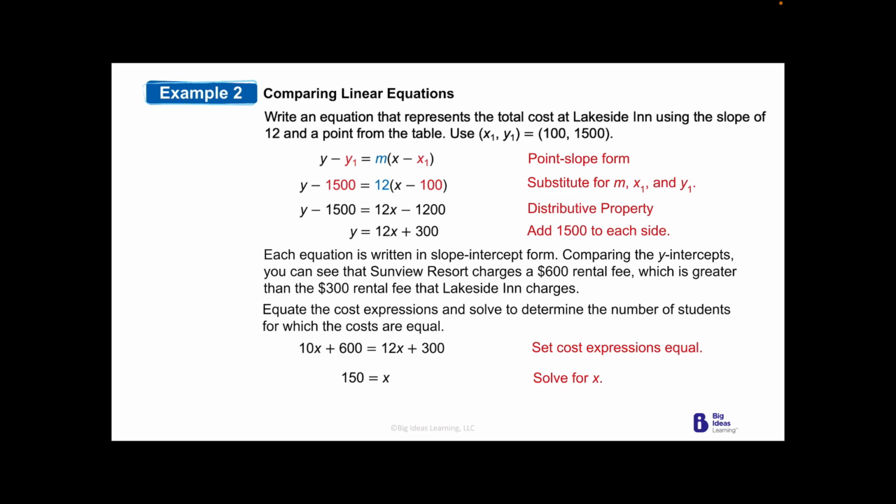I would probably pick the SunView Resort because even though you have a $600 initial fee, which is a lot of money, once you hit 150 students, it's actually cheaper in the long run to go to SunView than it would be Lakeside, which I think is kind of interesting. Like, the total costs are the same at 150.